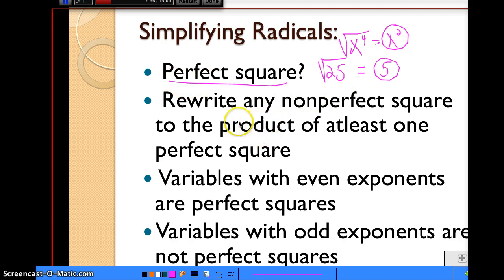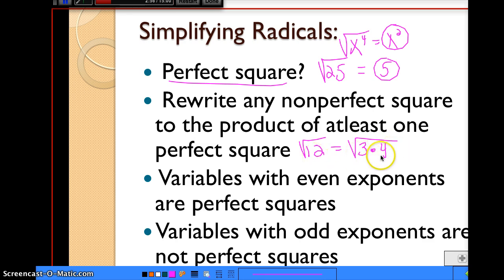If it's not, we have to rewrite any non-perfect square as the product of at least one perfect square. So for example, let's use that 12 that I was talking about before. The factors of 12 are 2 times 6 and 3 times 4. I can rewrite 12 as 2 times 6 or 3 times 4, but 2 and 6, neither one of those are perfect squares. Whereas the factors 3 times 4, 4 is a perfect square, and 3 times 4 is 12.